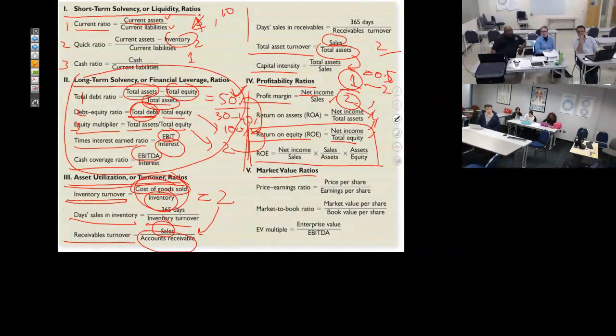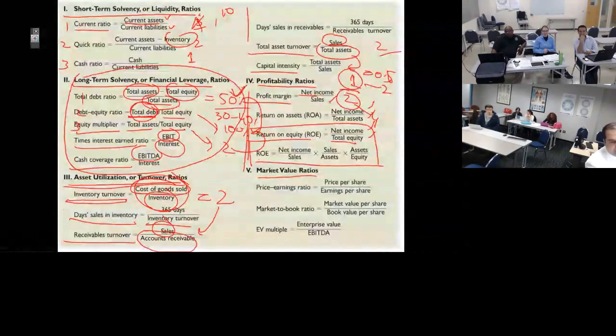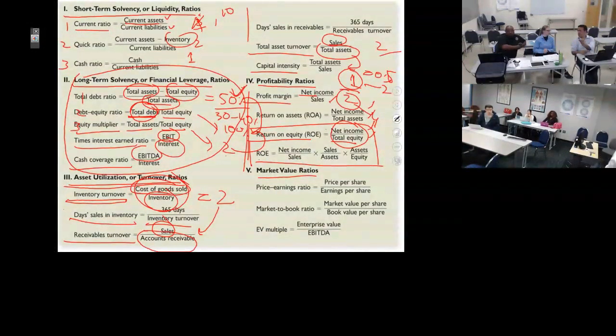Okay, let's do it this way. Return on equity, which we call the ROE, equals net income divided by equity.